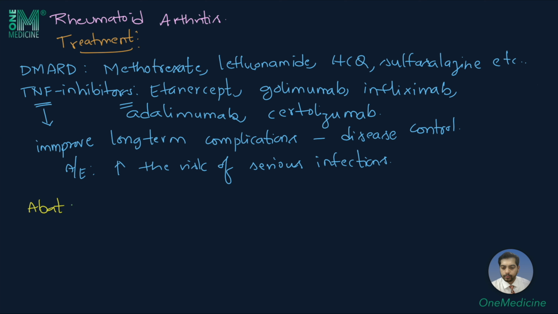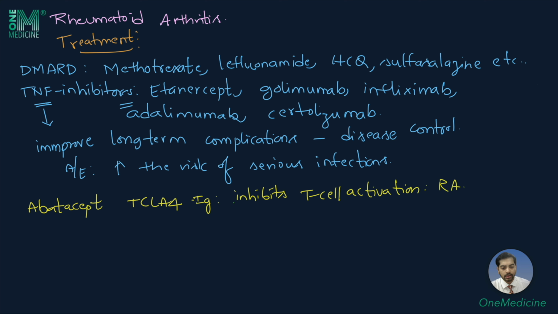Abatacept, which is a CTLA4 immunoglobulin, inhibits T cell activation, and this can be used in rheumatoid arthritis with or without methotrexate.